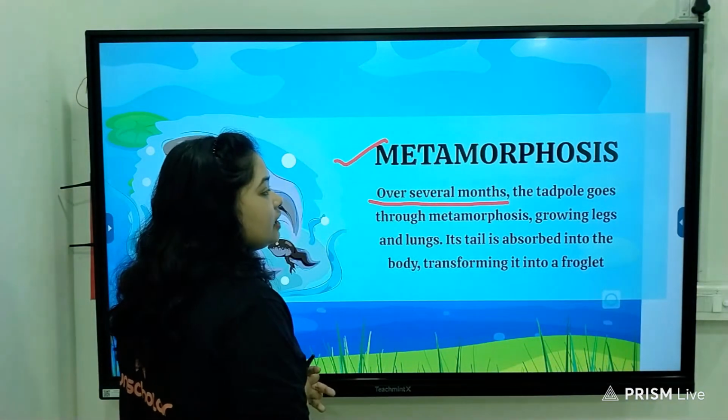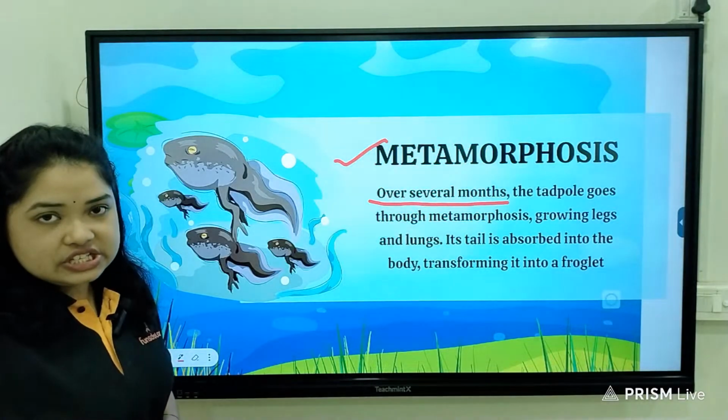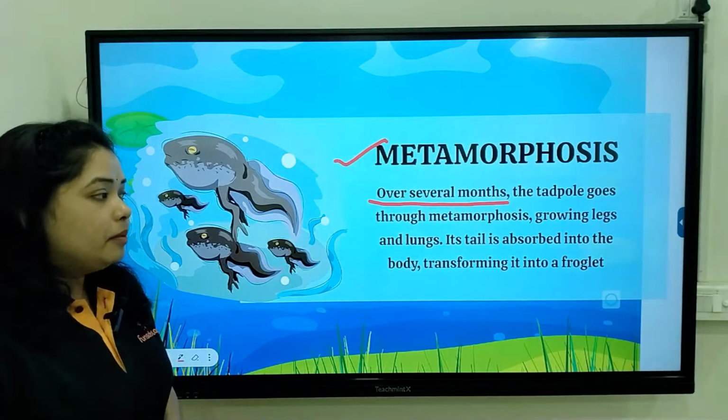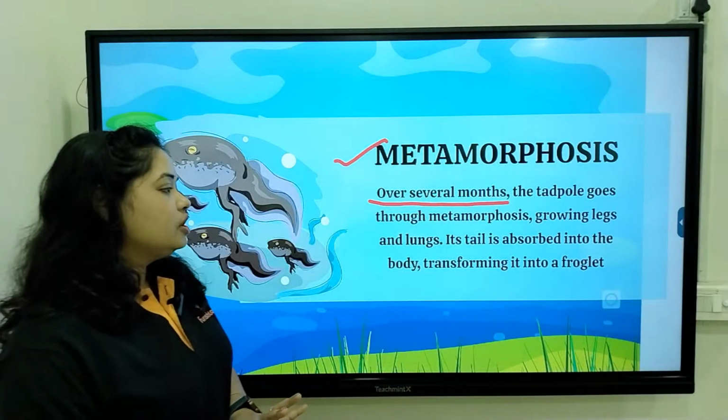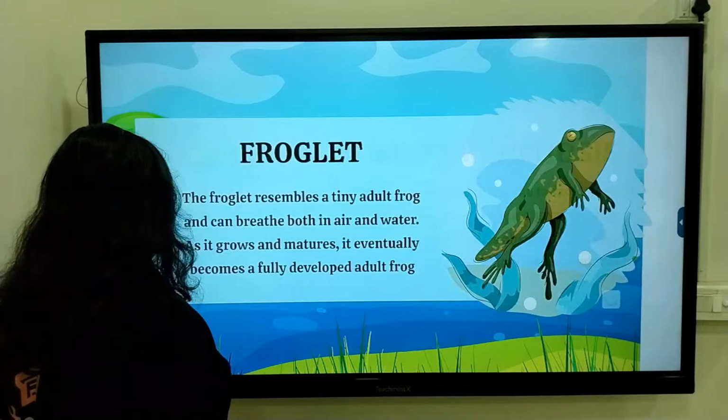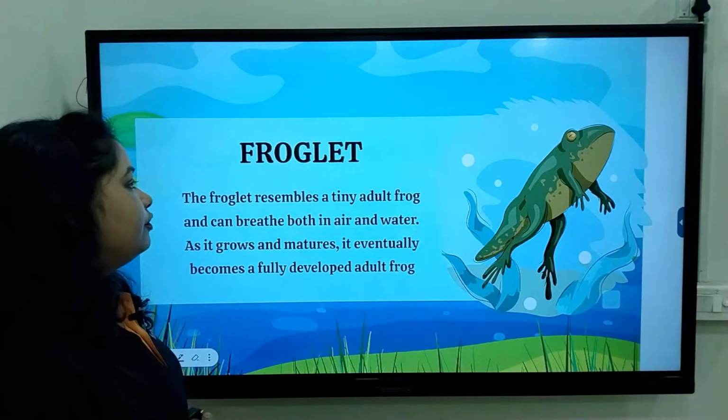So that means it is not a hasty change that will happen overnight. It will take time, but the huge change will come up ultimately, leading to the birth of a froglet.